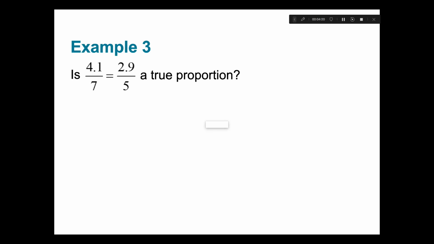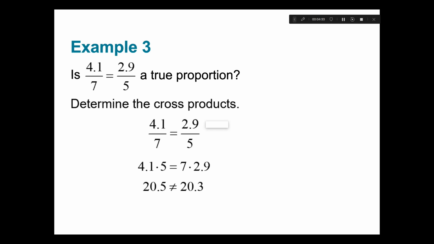So when you multiply, you take 5 times 4.1 and 7 times 2.9. We multiply across our ratio. When we do that, what do we end up with? 20.5 and 20.3. So are those equal? These are not equal proportions.